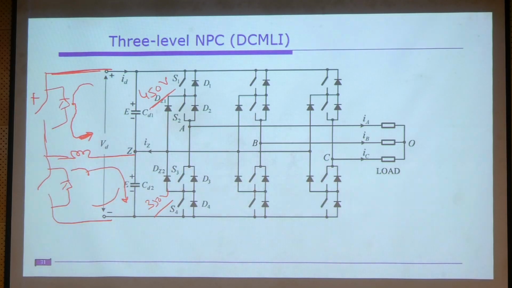Understood? This is just a simple technique, and the good thing is that these two switches are not complementary. There are so many cases. For example, there will be a case where both capacitor voltages are 350 and 350 volts. Both are undercharged. You're supposed to maintain 400, but both are undercharged.